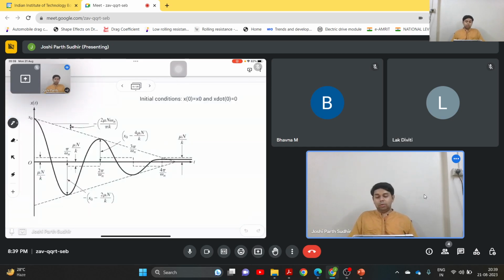So if we plot a graph of this, the same calculations that we did, we can see that we start here with x naught and with initial velocity, let us say, 0. After one half cycle it reduced to x naught minus 2 mu n by k, and after one complete cycle it became x naught minus 4 mu n by k. So likewise it will go on reducing by 4 mu n by k in every complete cycle.